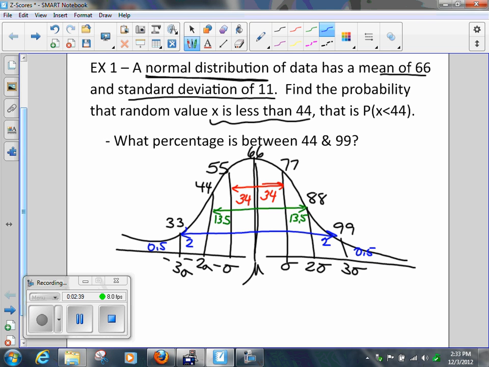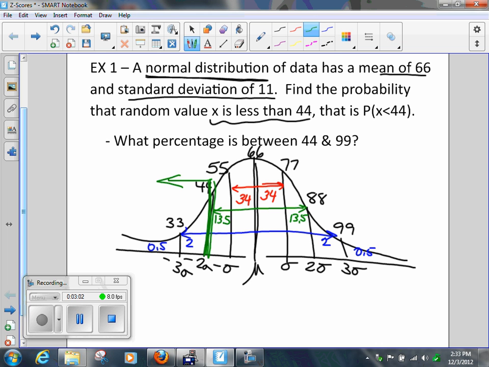It says, find the probability that the random value x is less than 44. Let's look at this, okay? 44 happens right here, and we want to look to the left.